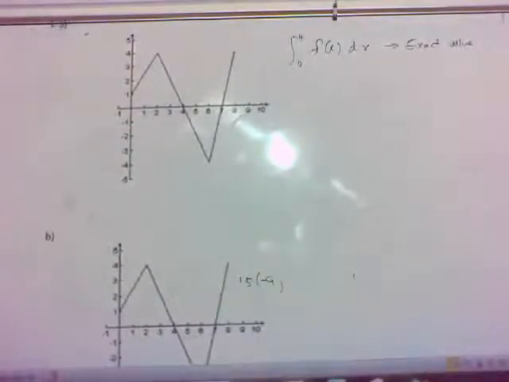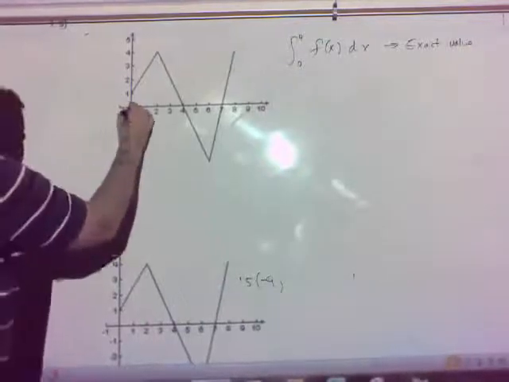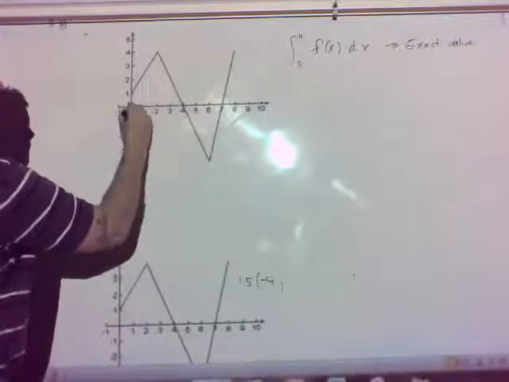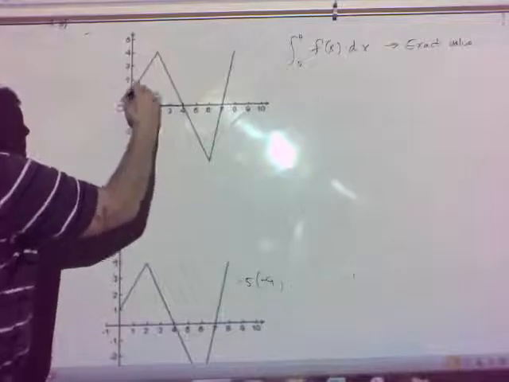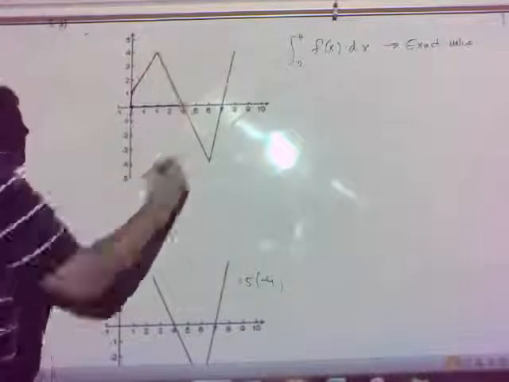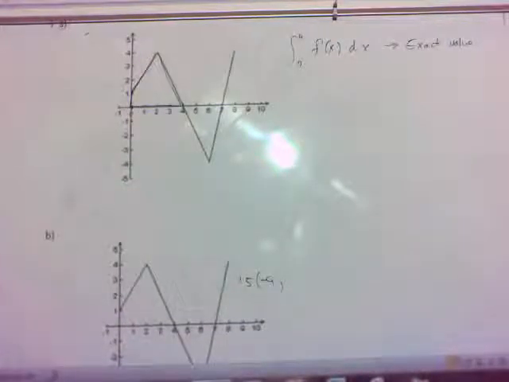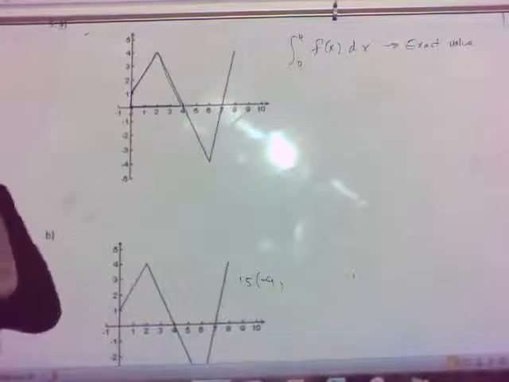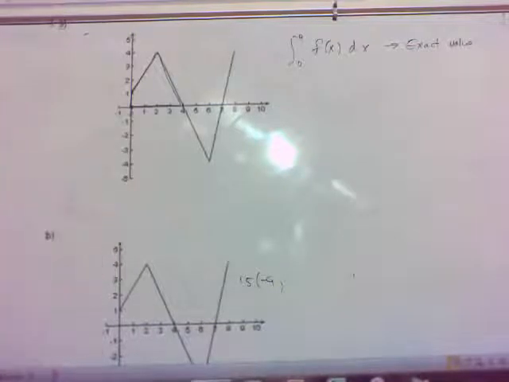Because I'm looking at the integral from 0 to 4. What do you see if I go from 0 to 4? What do you see in this area here? Triangle and rectangle? Yeah. I guess depending on how you do it, you can divide it up different ways.